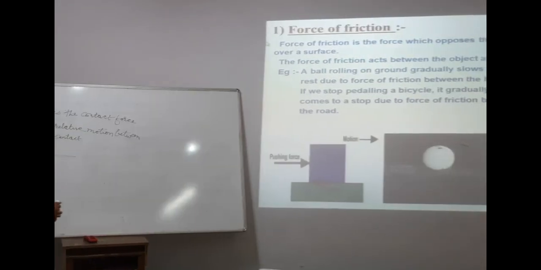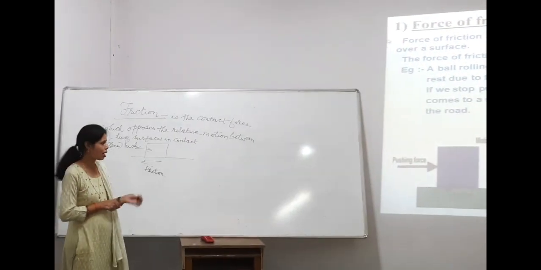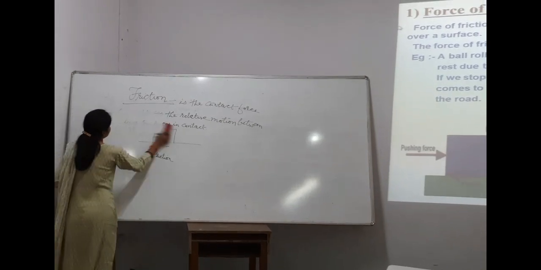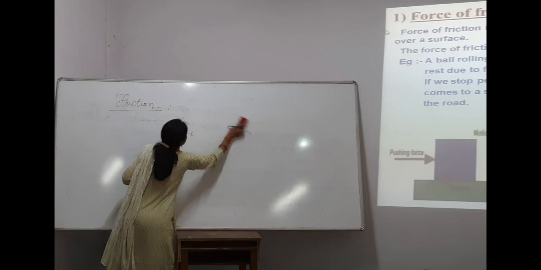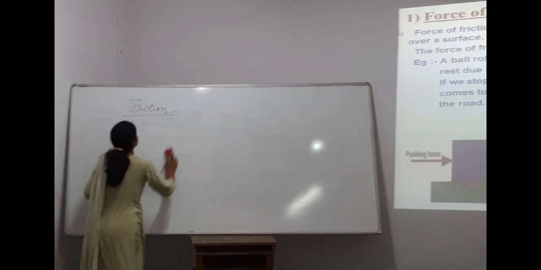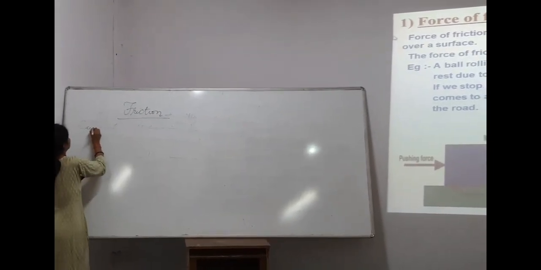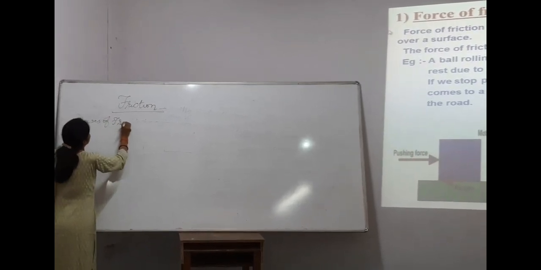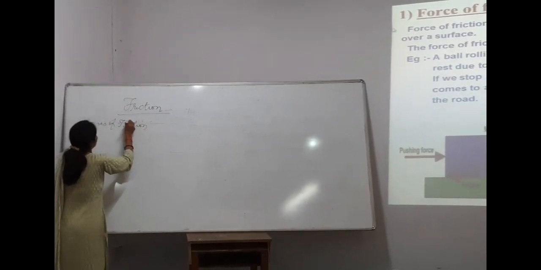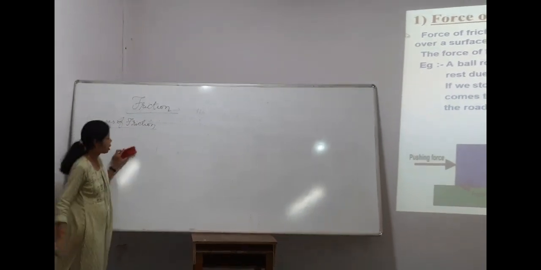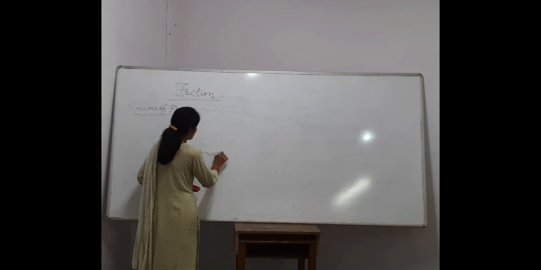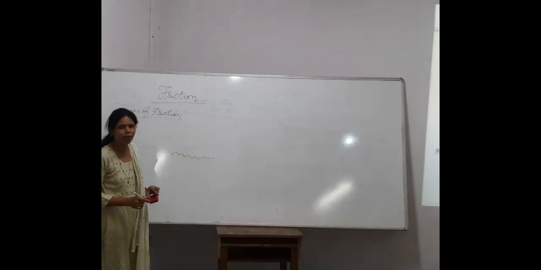Now next is what causes friction? Causes of friction. Suppose there are some irregularities on the surface.